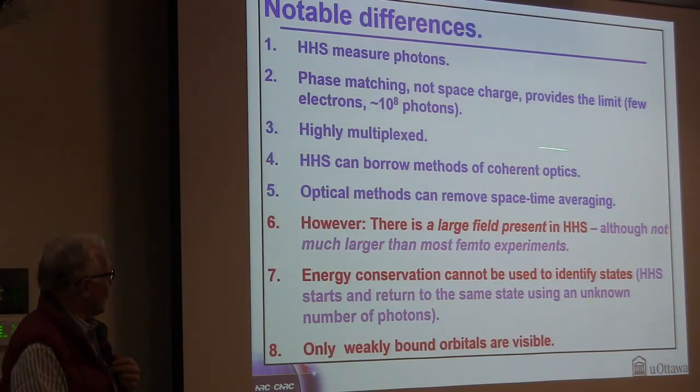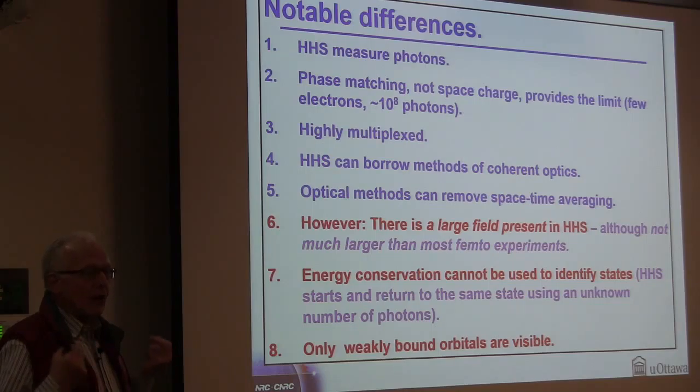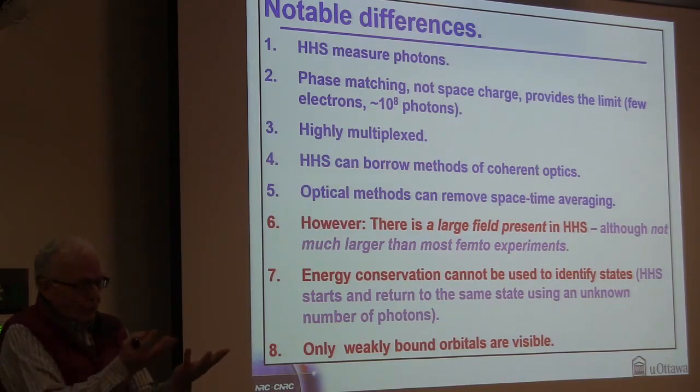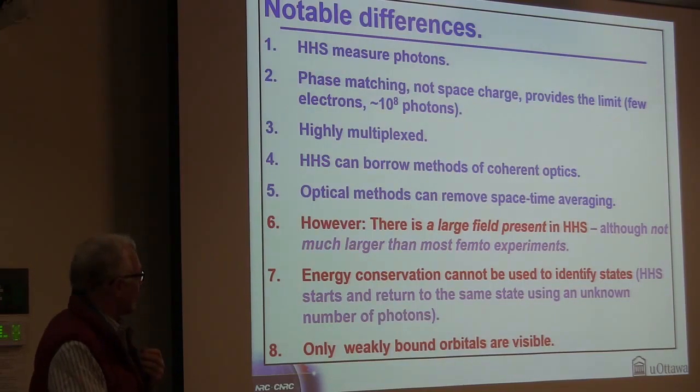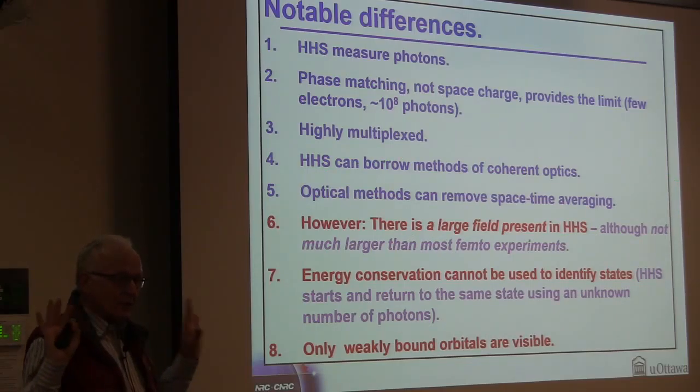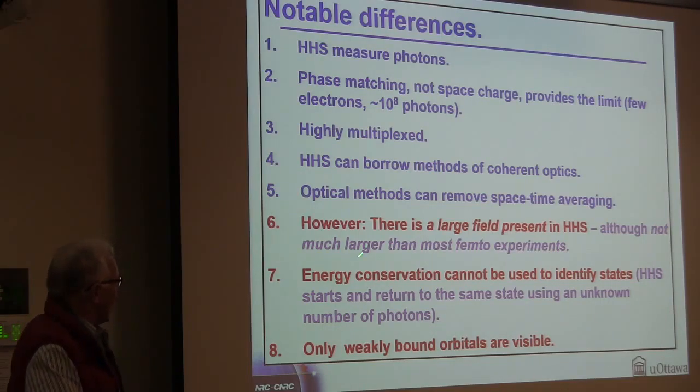It can borrow all of the processes and the power of coherent optics. We're actually using it here because we're putting many atoms together coherently, and optical methods can remove a great deal of space-time averaging. I didn't show you that, nor have I made the case for it. However, there's a large field present in high harmonic spectroscopy.